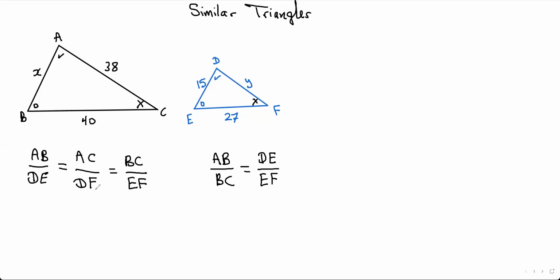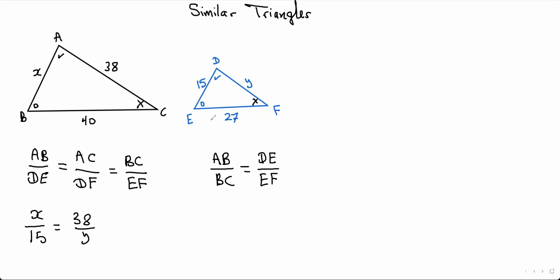So you have to figure out what you're looking for. You're looking for X, which is AB, and therefore you go, okay, X over DE, which is here, that's 15, equals... now definitely you don't want to go AC over DF, because if you do that, let's say we do that, we go 38 over Y. Now we cannot solve because we have two unknowns in the equation.